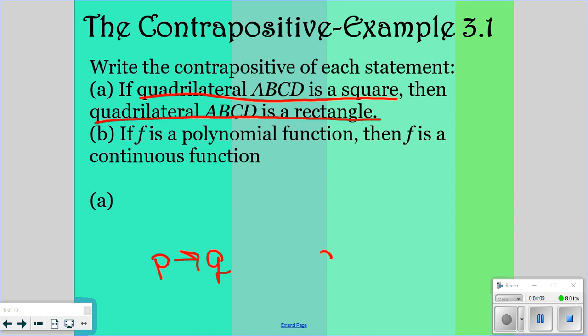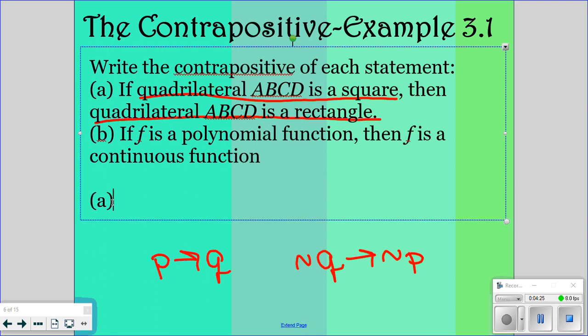The contrapositive takes Q and negates it. That little symbol means negate, negative, opposite. So not Q implies not P. And so for the first one, this is what it's going to look like. We're going to take our second part, so the then part, the quadrilateral ABCD is a rectangle.